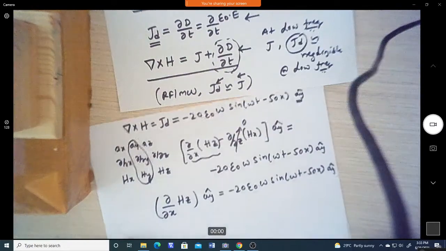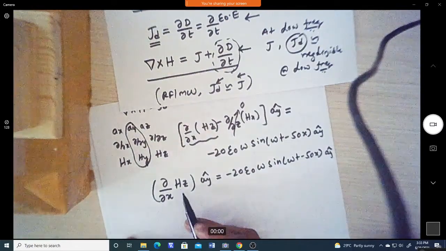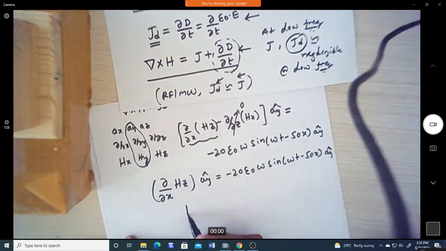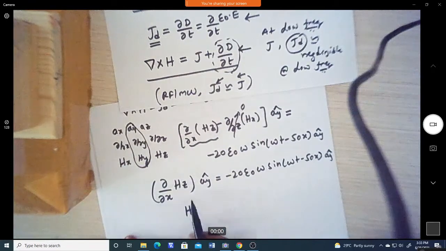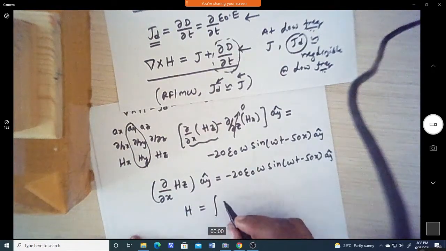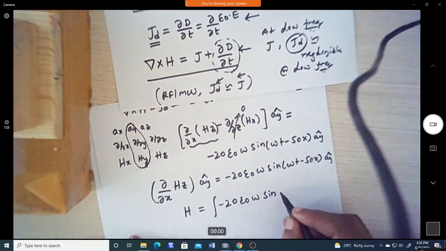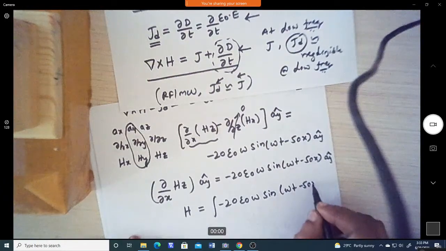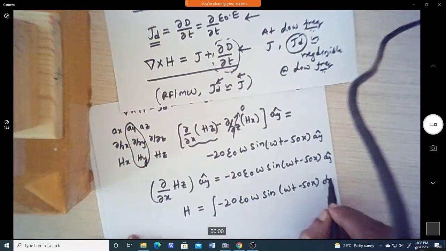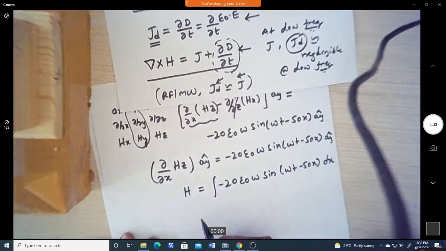Now if I want to get the H, you need to integrate with respect to x. So the result for H is minus 20 epsilon naught omega sin of omega t minus 50x into dx.